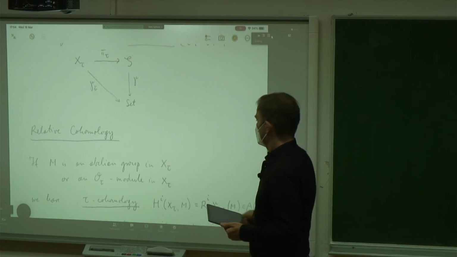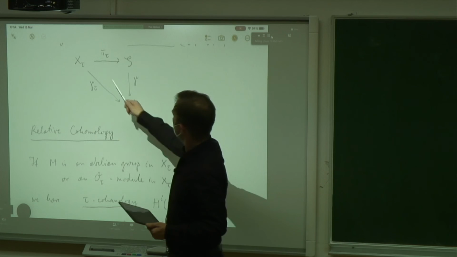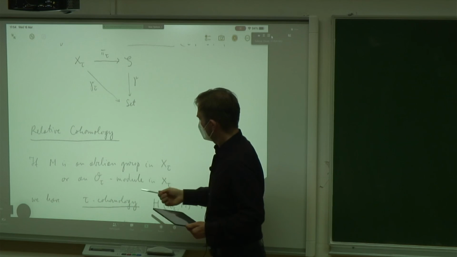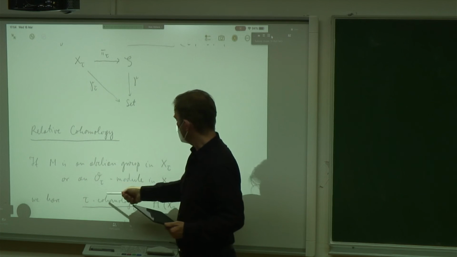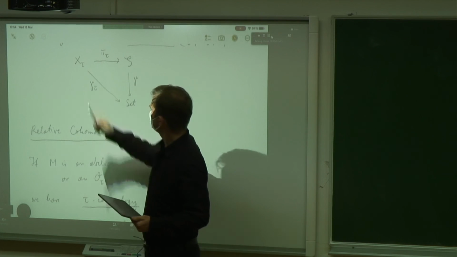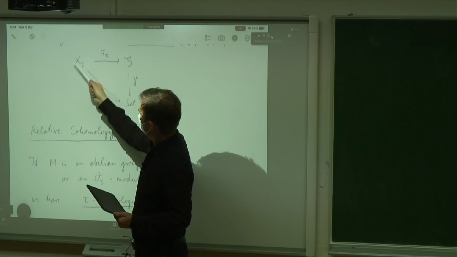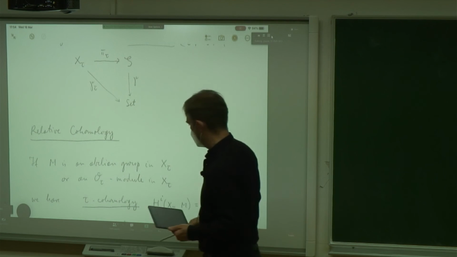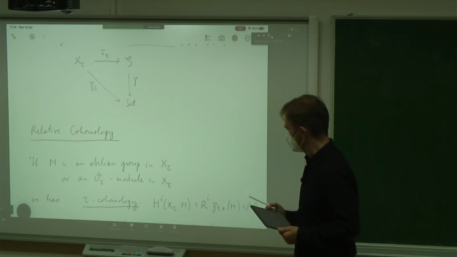So if now you take an abelian group M here, or even an O tau module over here. So this is a tau ringed topos, so it has this O tau ring. So you can speak of O tau modules in X tau.